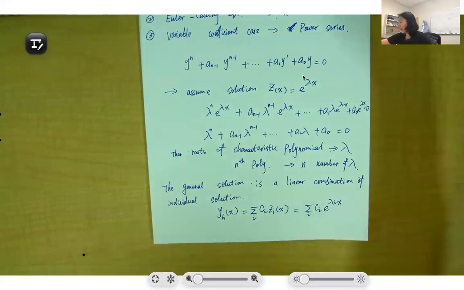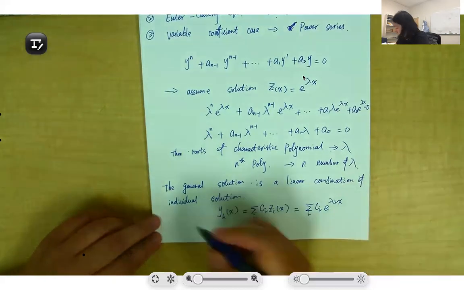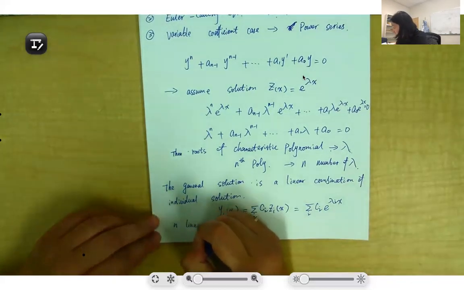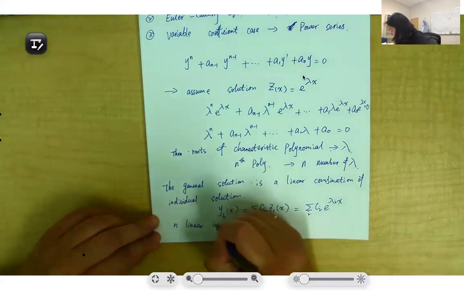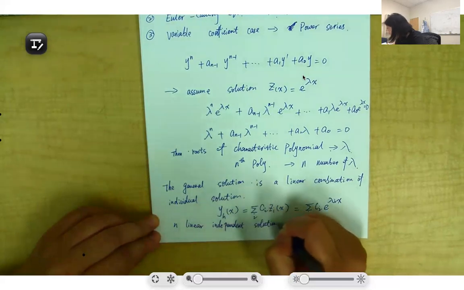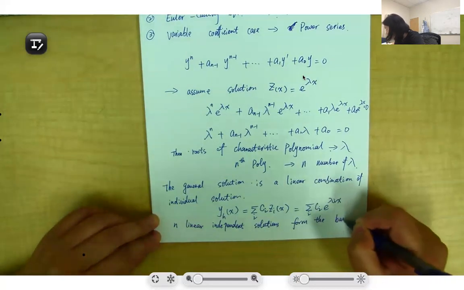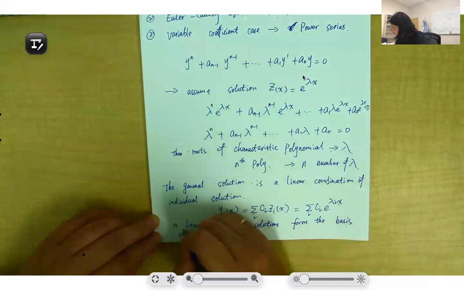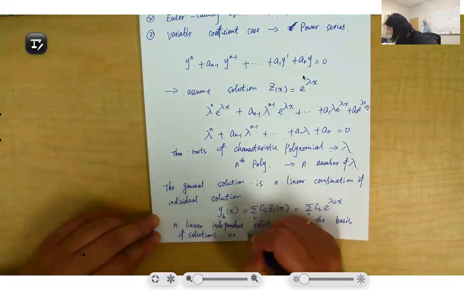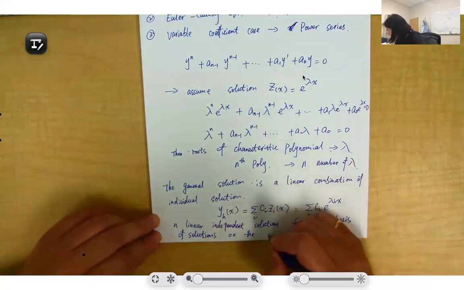So that means these are n linearly independent solutions, forming the basis of solutions on the interval of interest.